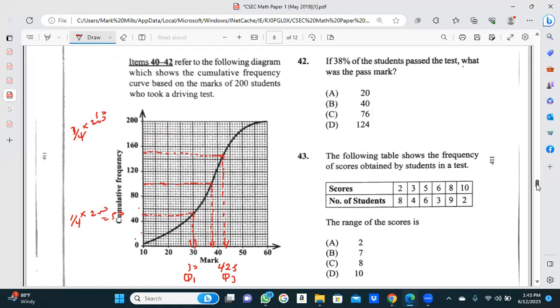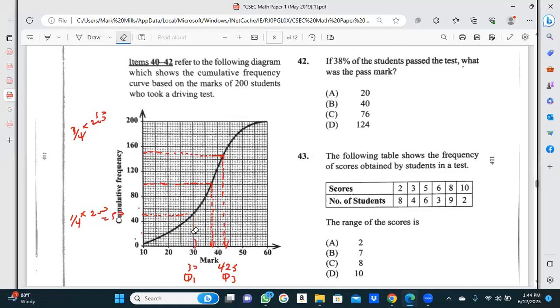Okay, if 38% of the students pass the test, what is the pass mark? So 38, right? We are going to look for 38, everybody. 38 will be two lines before what? 40. So I need to clean this one here so we can see it properly.